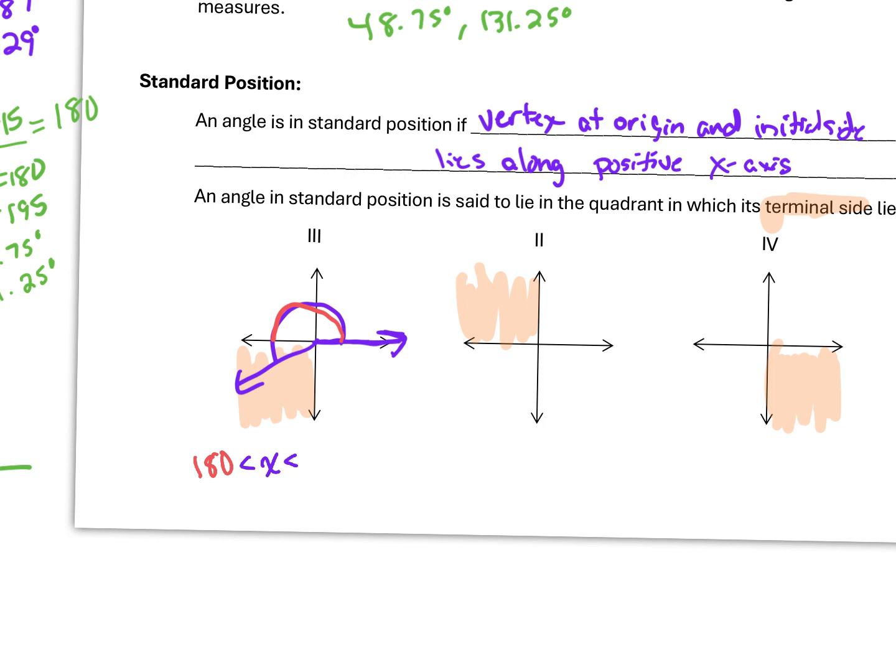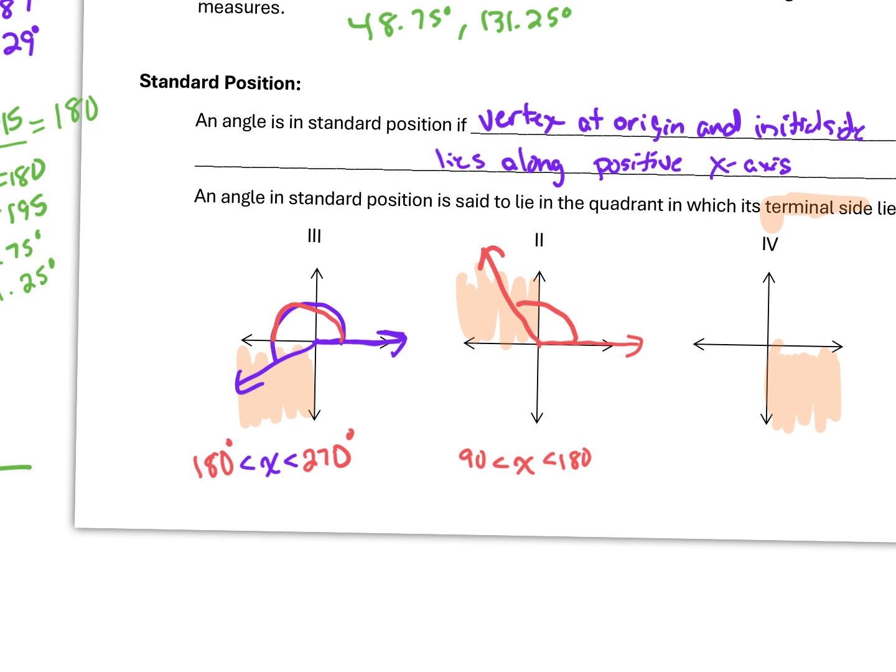So greater than 180 and less than 270. There we go. Now, Armand, what you were saying, if we start in standard position and we rotate to get to somewhere in quadrant II, then that is where we are greater than 90 and less than 180.